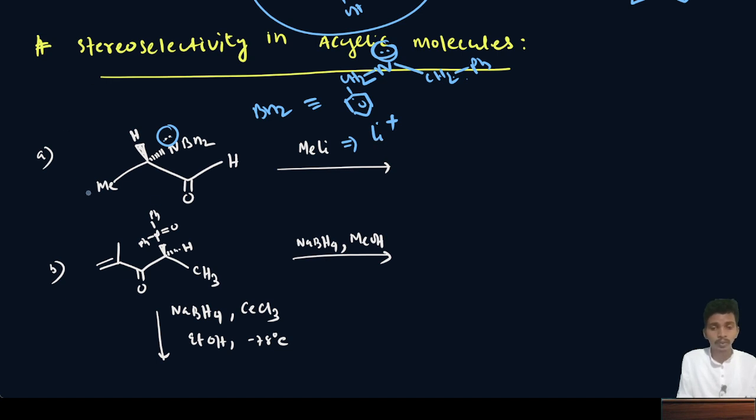So here we will use simply Cram's model, not the Cram-chelate model, because if bulky groups are there, the lone pair is not able to do the chelation. Due to steric hindrance, the lone pair is not able to chelate with these metals. So at that time we will not use the Cram-chelate model, we will use simply Cram's model, even if it satisfies all the conditions of the Cram-chelate model.